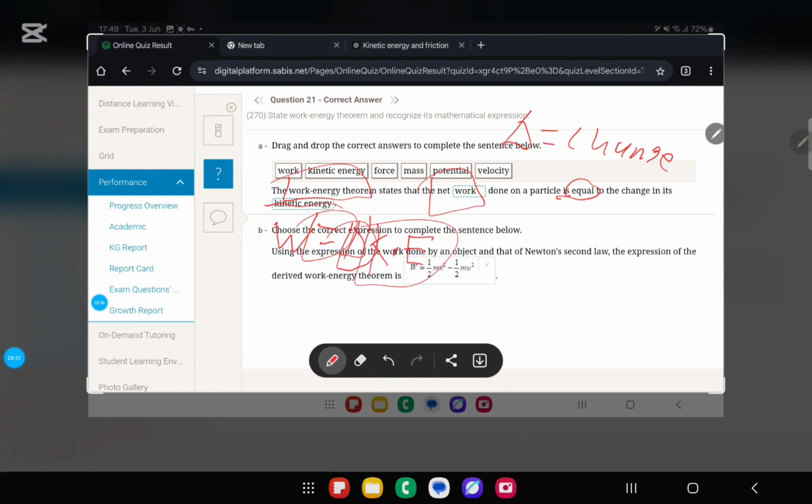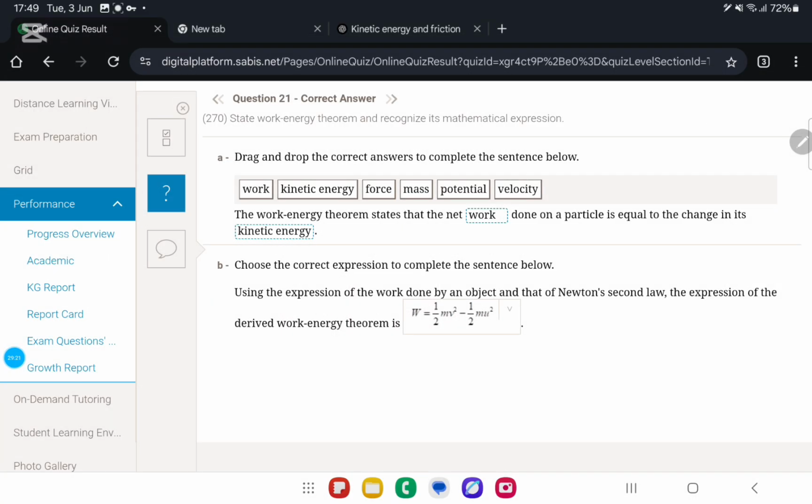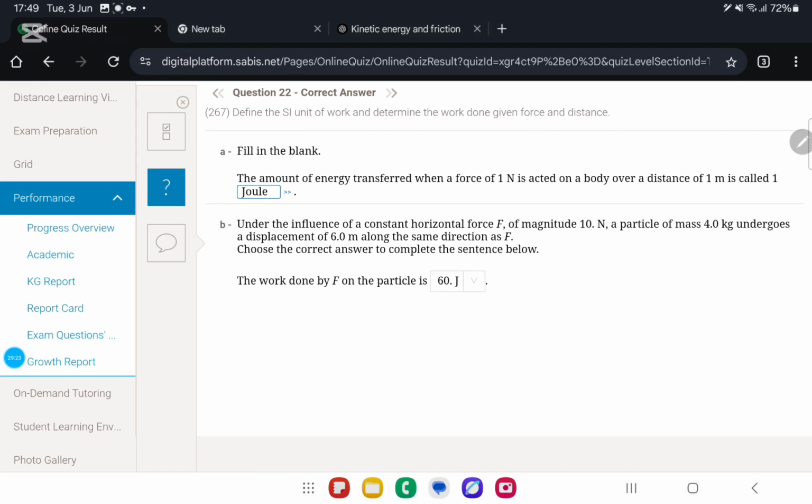So that's it for this rule. Now the next rule: using the expression of the work done by an object and that of Newton's second law, the derived work energy theorem is, again, work equals delta kinetic energy. We write it in this form: 1 over 2 mv squared final minus 1 over 2 mu squared initial. Now let's keep going.